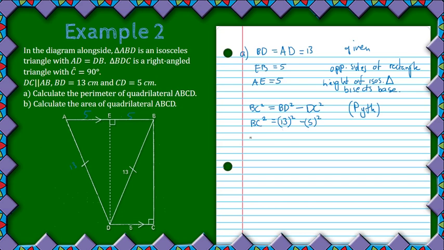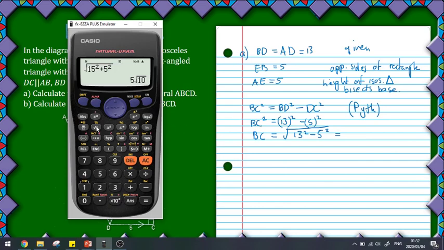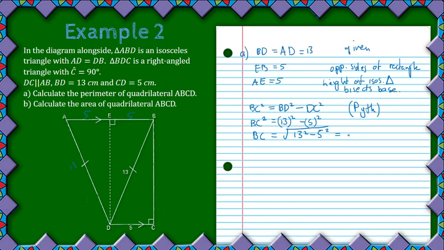And then BC is equal to the square root of 13 squared minus 5 squared, and that is equal to 12.